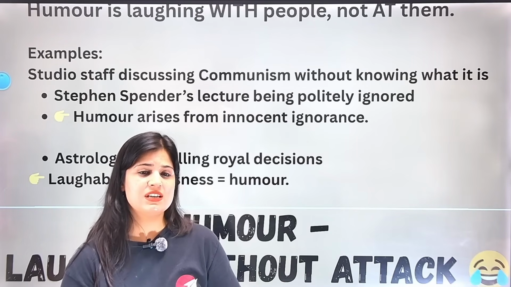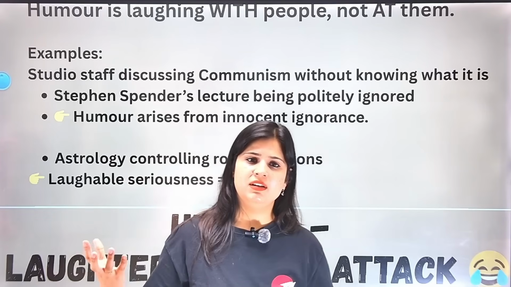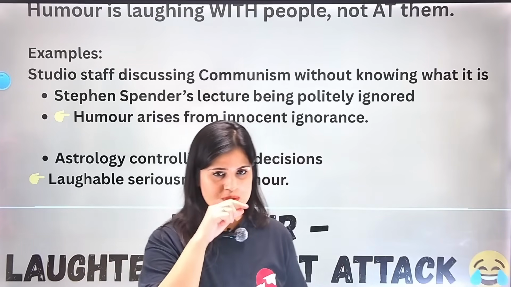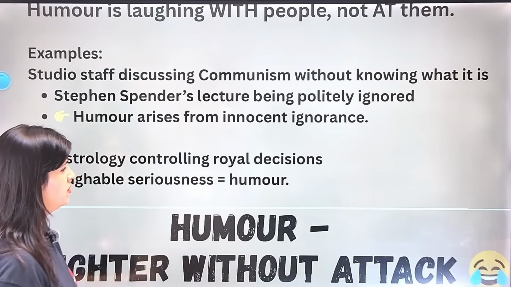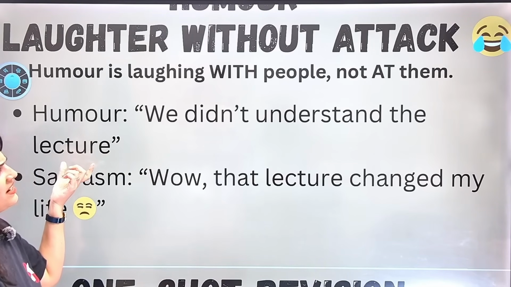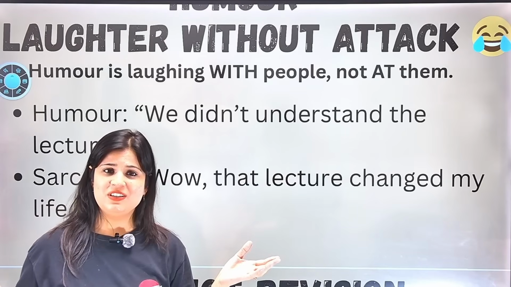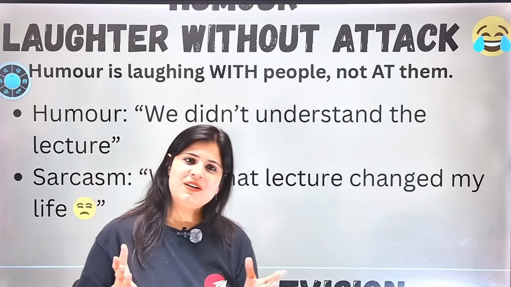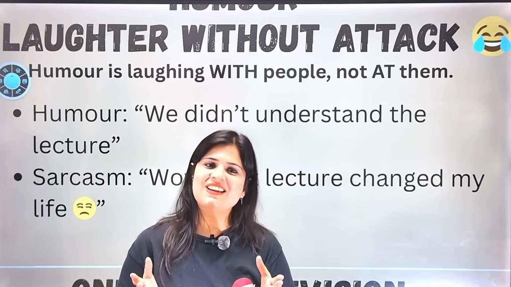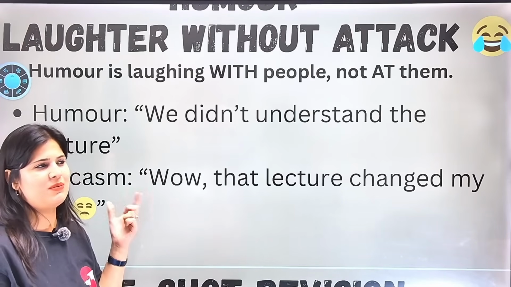That astrology is dictating the royal decisions, that the king will grow up and kill all the tigers, right? So that kind of thing is also there, which creates humor. So humor is saying we did not understand the lecture, and sarcasm is saying wow, that lecture changed my life. Now don't write everything in the comment box, just write that I did not understand if you did not understand. I don't want any sarcasm in the comment box.